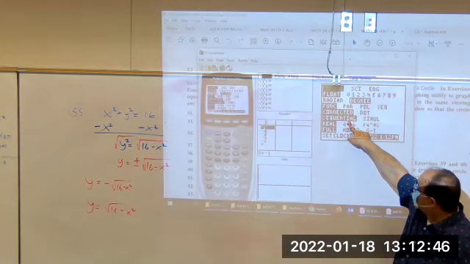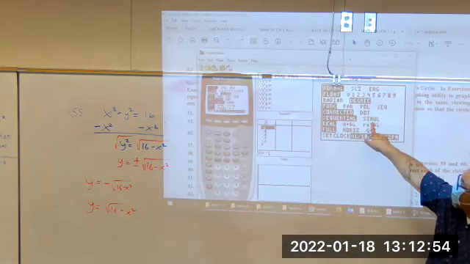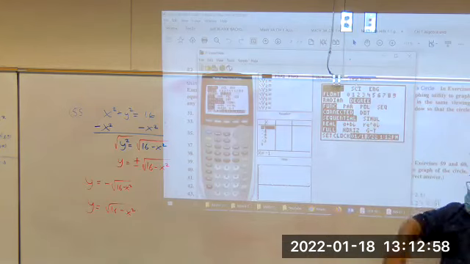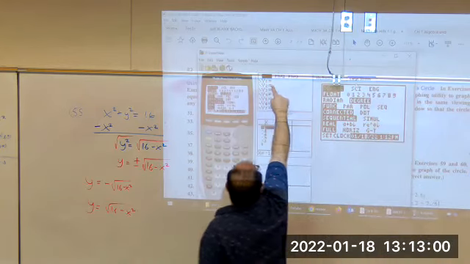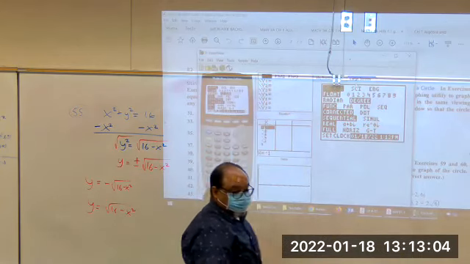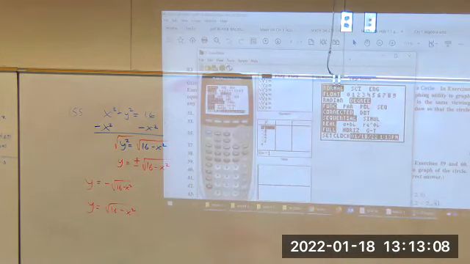Sequential means it's going to graph one equation, then it'll graph the second equation. If you put it on simul, or simultaneously, it graphs all of them, and right here you can see y sub 1, y sub 2, you have 7 different equations you can graph or more. It would graph all 7 at the same time, and you wouldn't know which one's which.